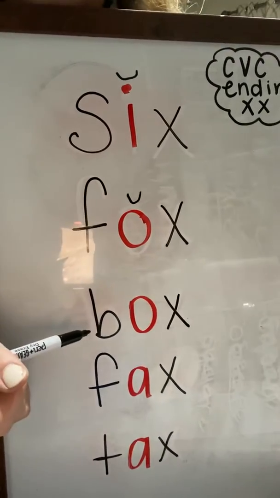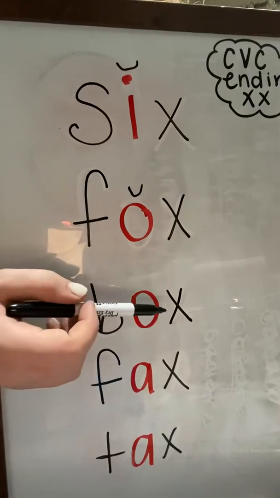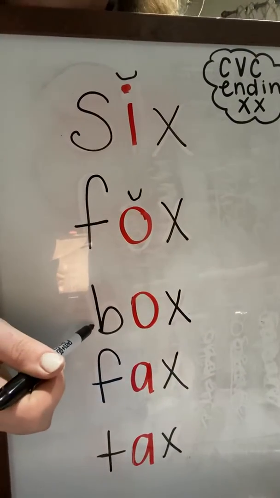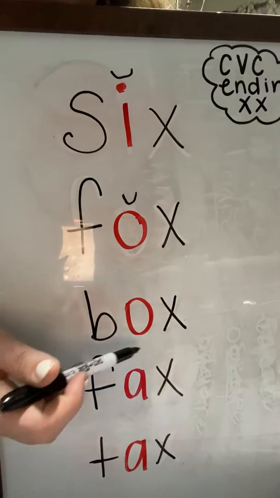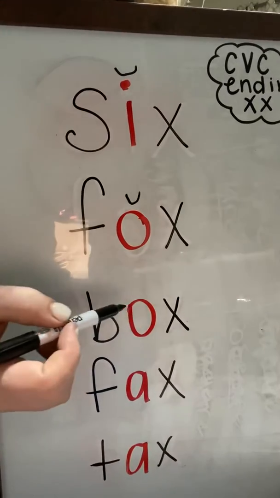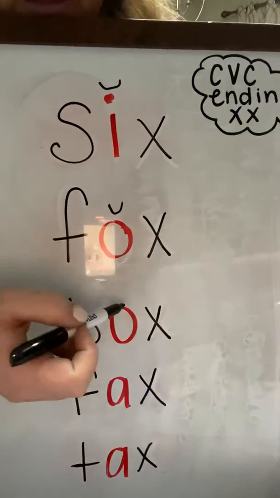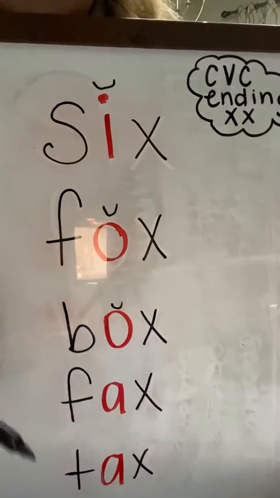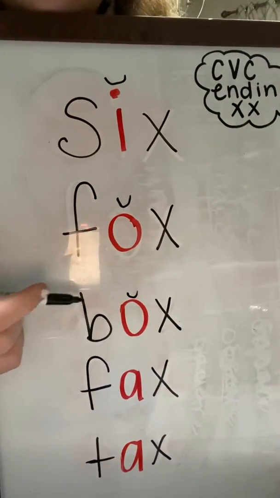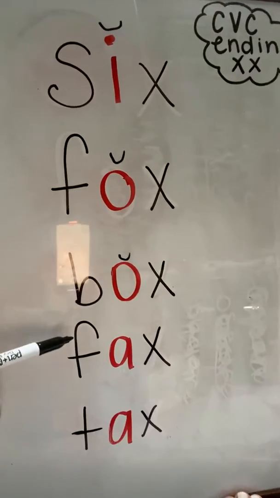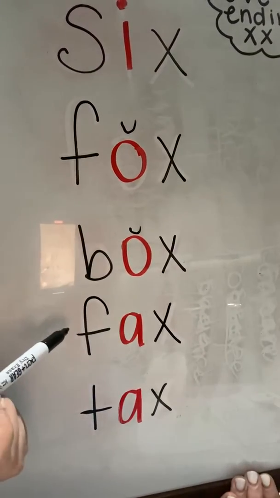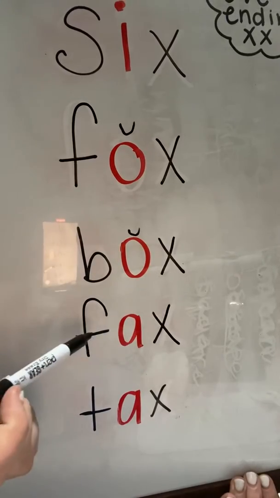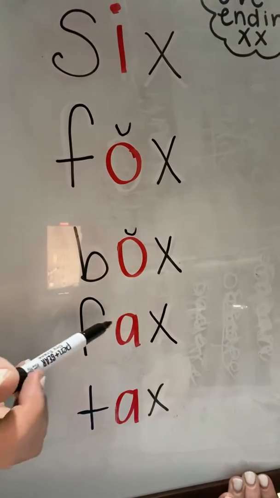The next one I have is b, ox, box. Box, right? And again, I put my breve on top of my letter O, which is the vowel for a short vowel sound. Then I have two more. I have the word ax, fax, right?